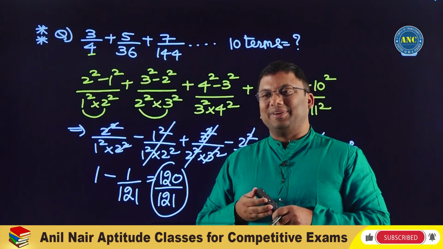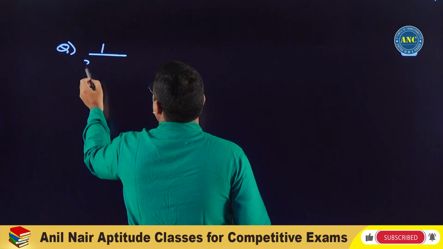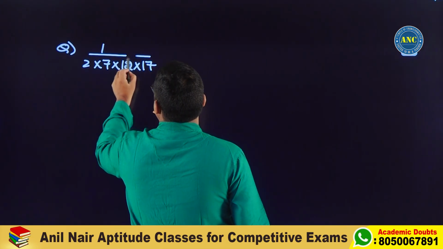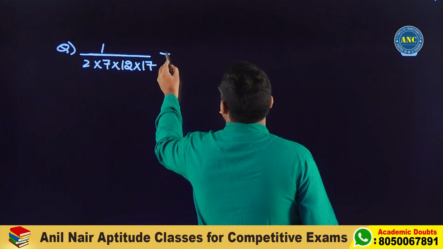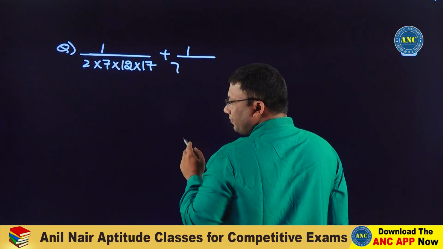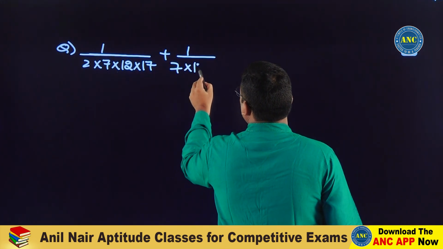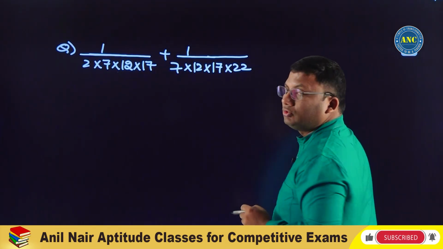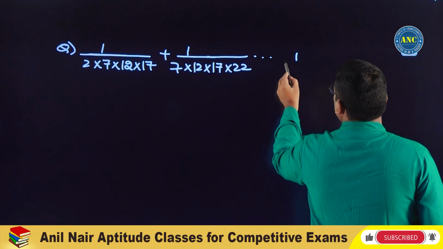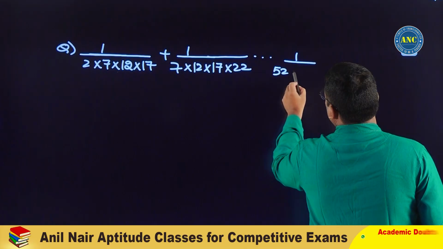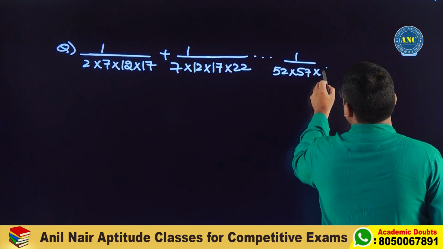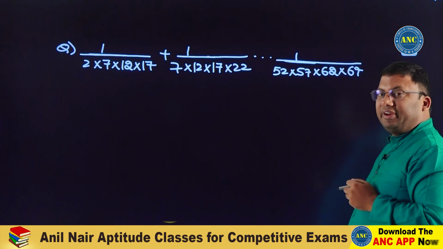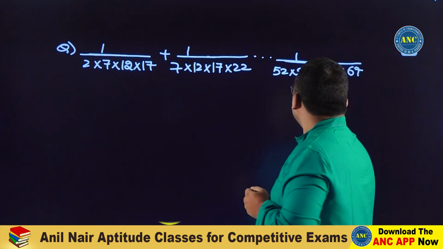Next two examples. Please write down. 1 by 2 into 7 into 12 into 17, plus 1 by 7 into 12 into 17 into 22, and so on up to 1 by 52 into 57 into 62 into 67.